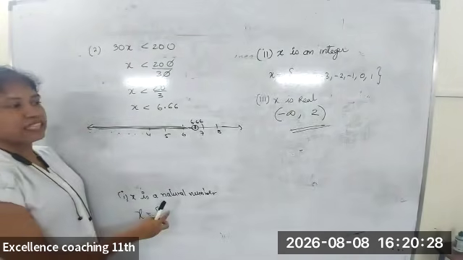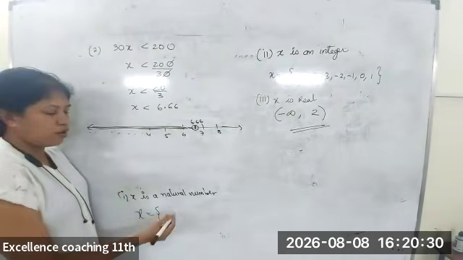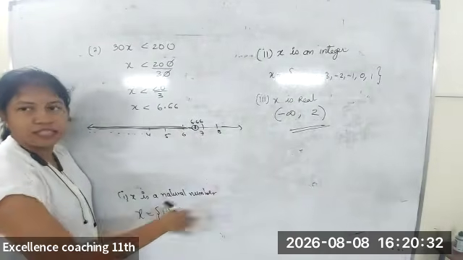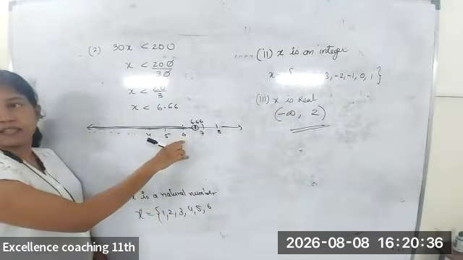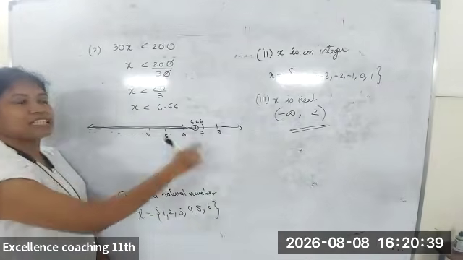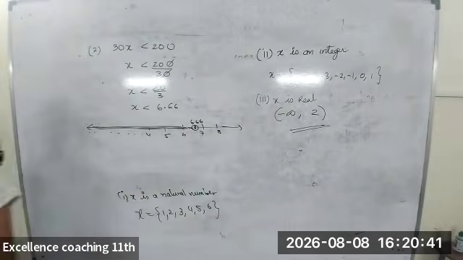Whether you write 6, 5, 4, 3, 2, 1 or whichever way, order doesn't matter. Till 6 also we can take. We cannot take 6.66. It is not a natural number.